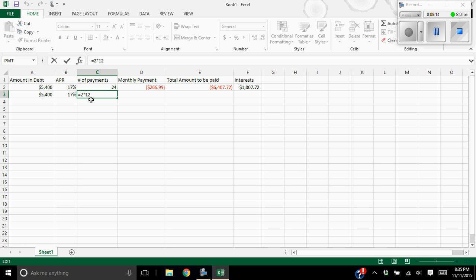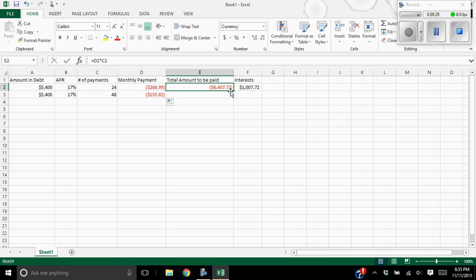All right. What I'm going to do here, instead of 2, right, 2 for 2 years, 4 times 12 is going to give us 48 months. And then if I copy everything down, you can see my monthly payment becomes $155 a month.